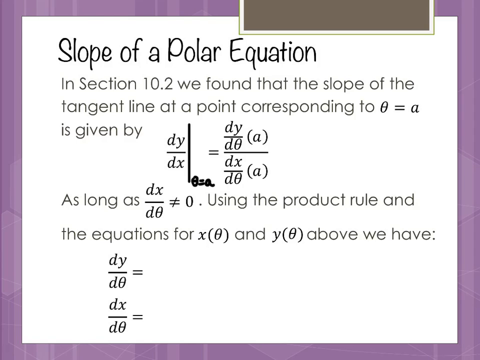And what we're going to do is combine that with what we know about these equations for x of theta and y of theta that were on my previous slide and are above in your notes. So in particular, you had x is f of theta cosine theta, which is a product. And you had y is f of theta sine theta.